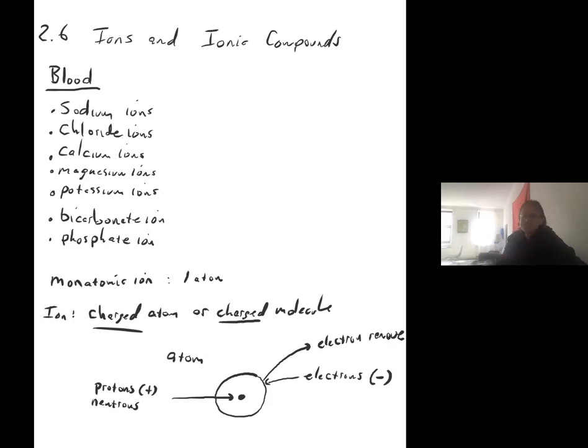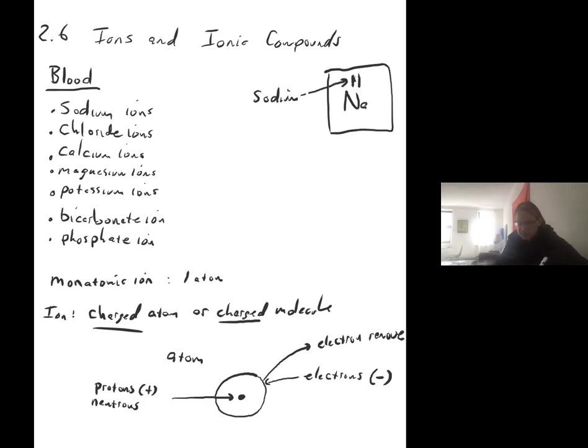And if an atom loses an electron, it now has more positive charge than it has negative charge, right? So for example, sodium. Let's take sodium. Sodium is element number 11. Remember, 11 is the atomic number.